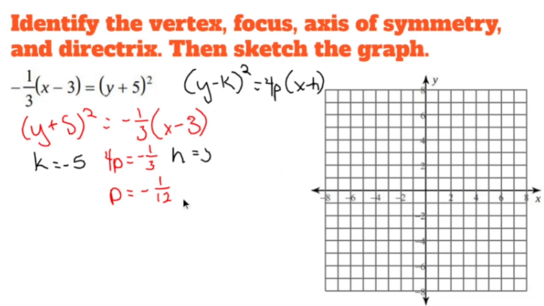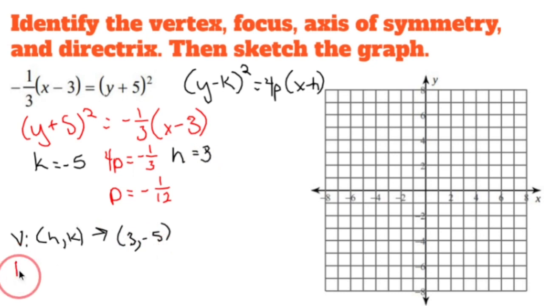We find our vertex by doing (h, k). In this case, (h, k) is (3, negative 5). That's our vertex, that's thing number one.